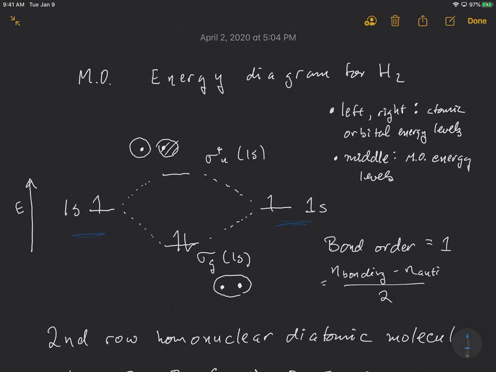And then in the middle, we have line segments for the bonding and anti-bonding orbitals. The bonding orbital here is sigma g 1s, and the anti-bonding orbital is sigma star u 1s.